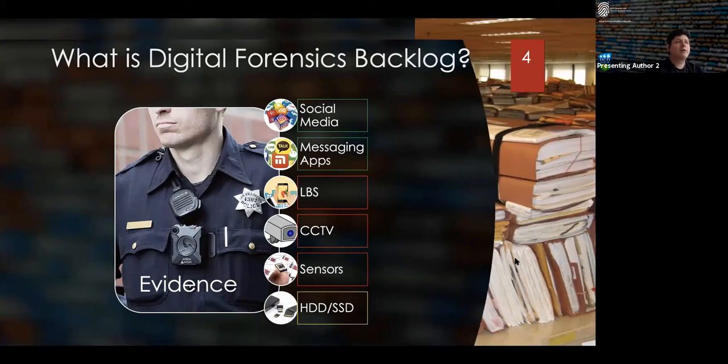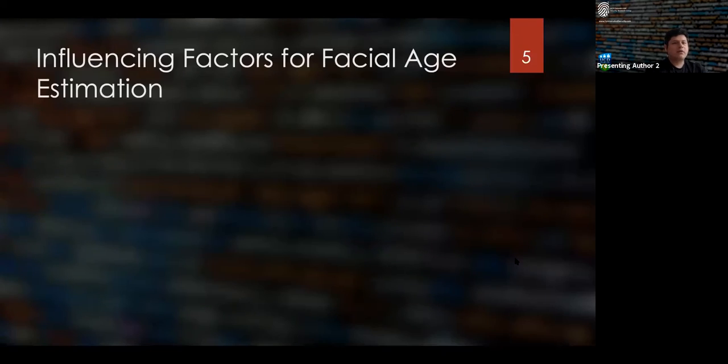Therefore, we have proposed the inclusion of automated techniques, deep learning, and artificial intelligence in digital forensics to assist the evidence discovery and analysis. We have focused on age estimation, and there are certain influencing factors for facial age estimation that we have studied.